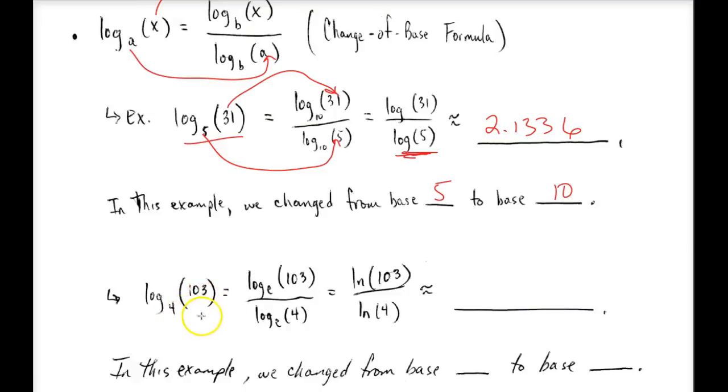For our next example, we have log base 4 of 103. If I wanted to change that to log base e, which is the natural log, or the ln here, then again, 103 goes on top, 4 goes on bottom, and we tell ourselves to do natural log. If we put this in our calculator, we would see that we end up getting 3.3432.